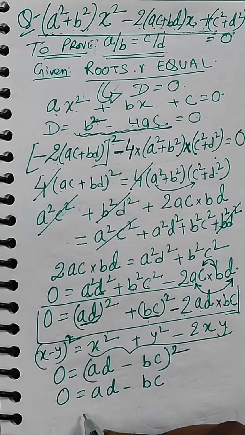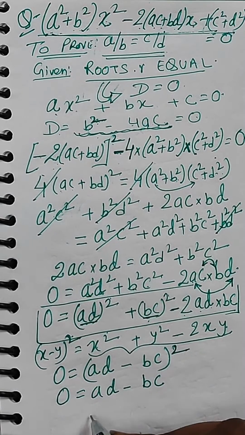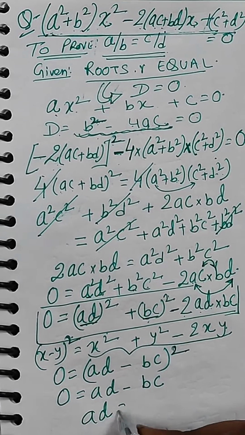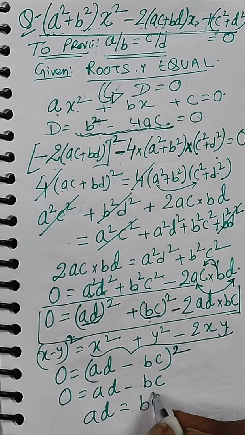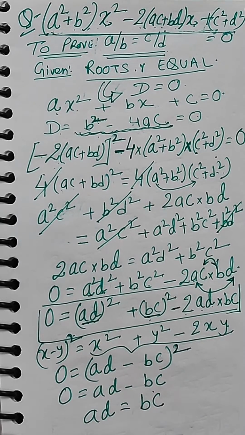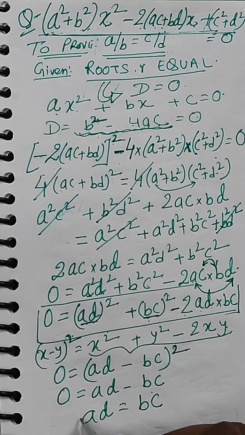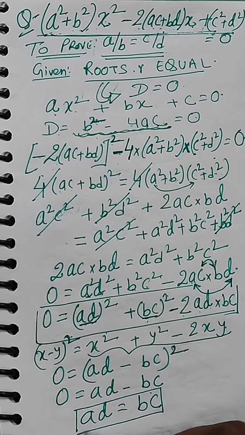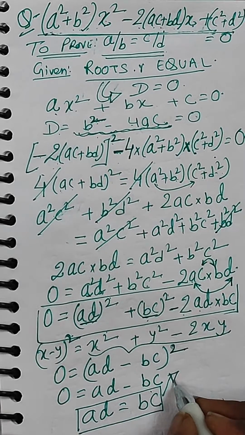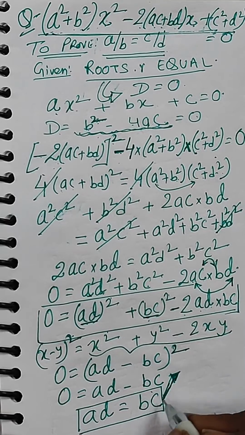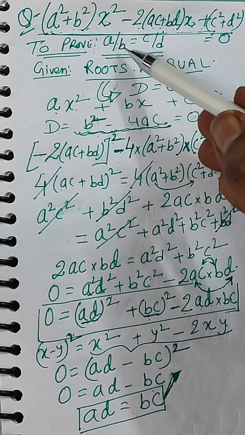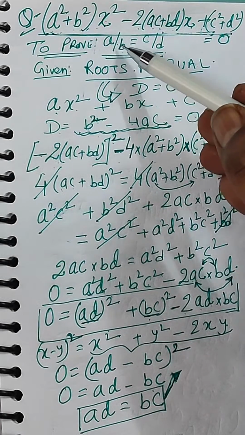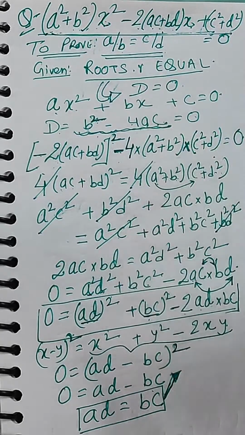And then we can write in the next line AD is equal to BC, because BC is pushed into the LHS, right? And from here we can write the required thing which we need to prove. We need to prove A by B equal to C by D, right?